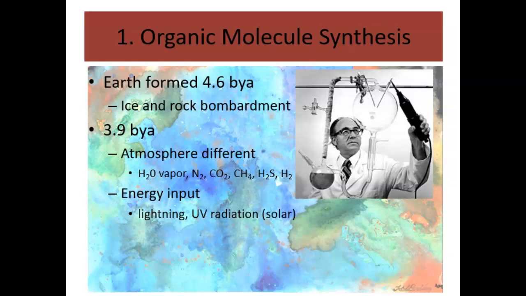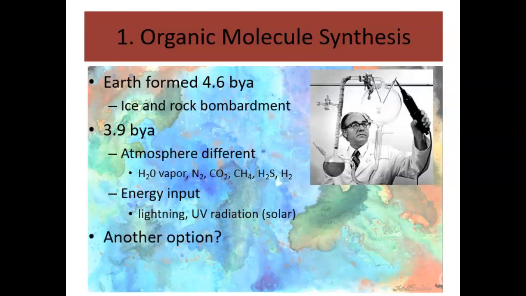So, the big picture, that small organic molecules can be made abiotically, was shown by Stanley Miller, but we don't know exactly how it happened because the chemistry is different than what Stanley Miller would have used. So, possible, but we don't exactly understand how it happened.